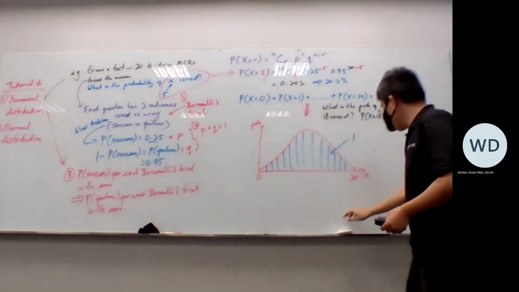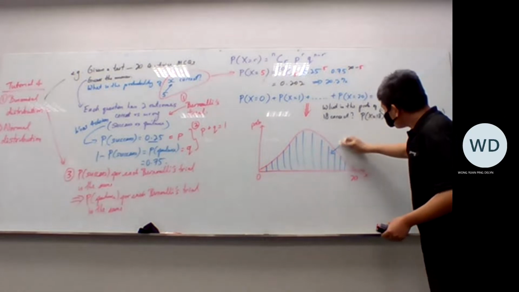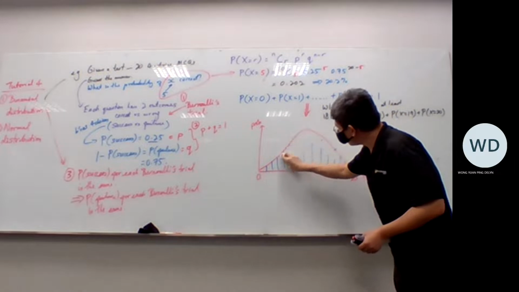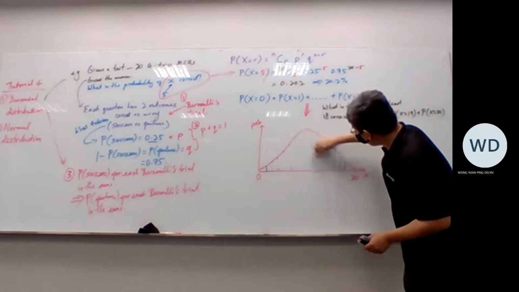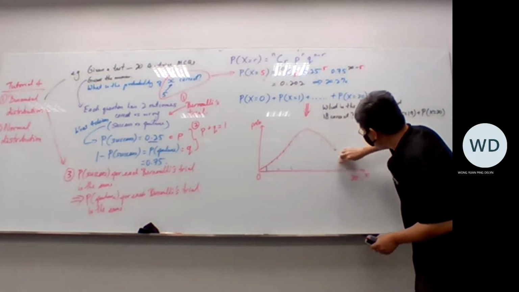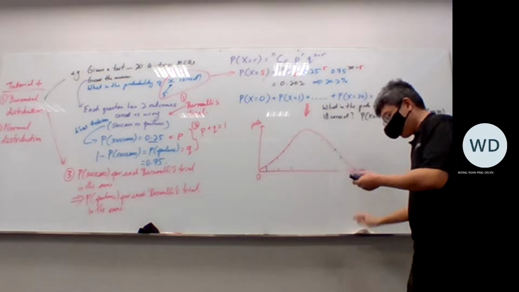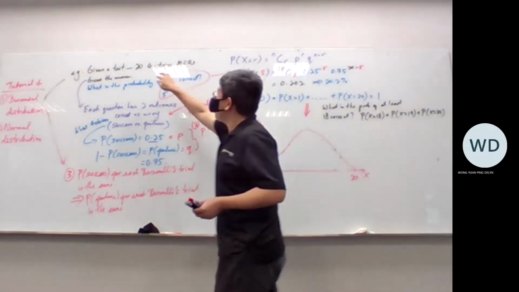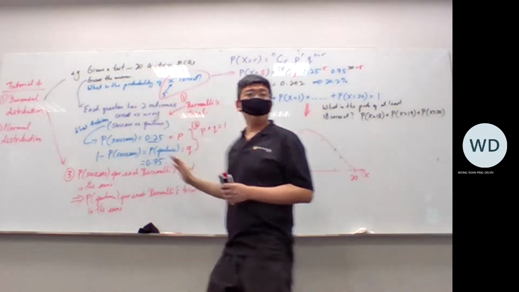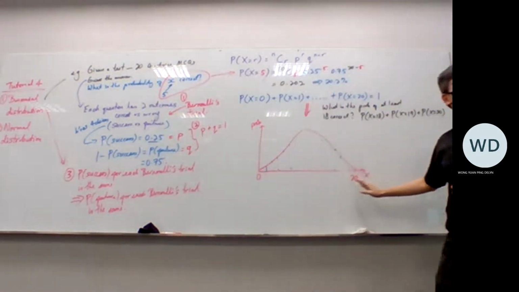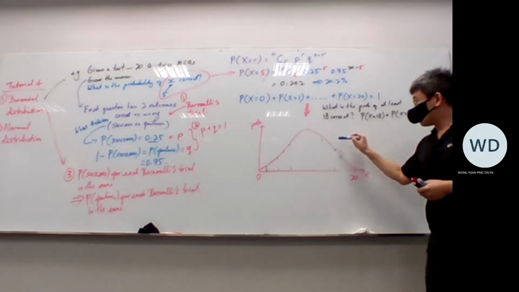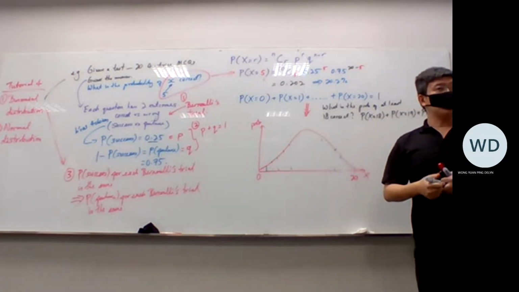Okay, so this is what happens. Now, the area under the curve is actually equal to 1, which also means that if my number of questions increases to a large number, 50, 100, 200 questions, this curve becomes a normal distribution.